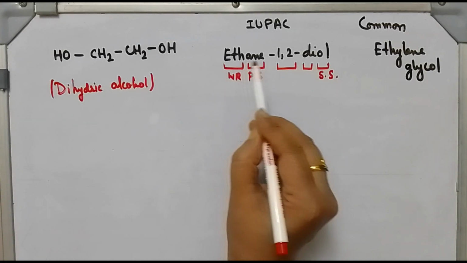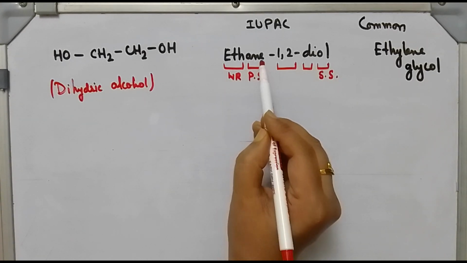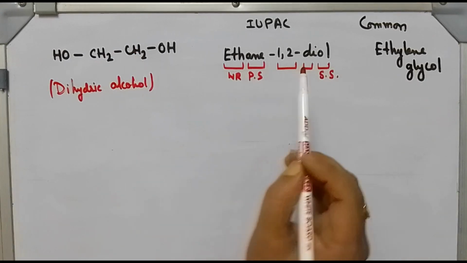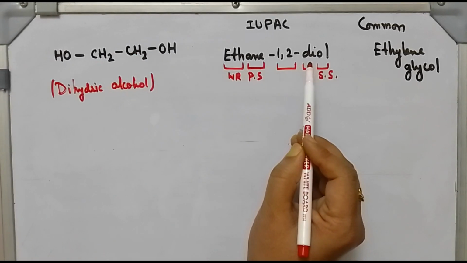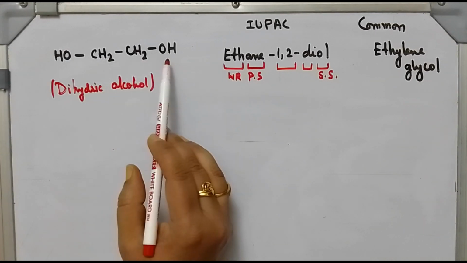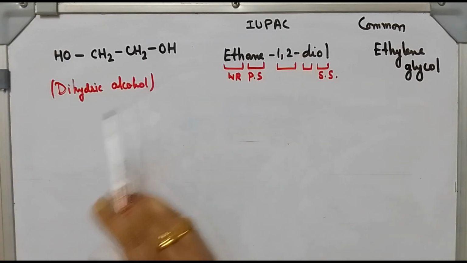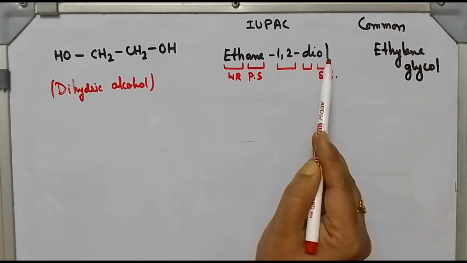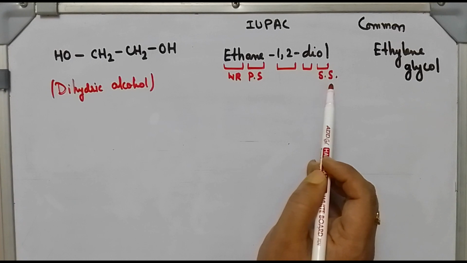So this is the word root, this is the primary suffix. These are the positions of the OH groups, at the 1 and 2 positions. Then how many such groups are there? If there are 2 OH, then it is di. If 3 OH groups are there, it is tri, like that. And it is that functional group which will come as the secondary suffix.